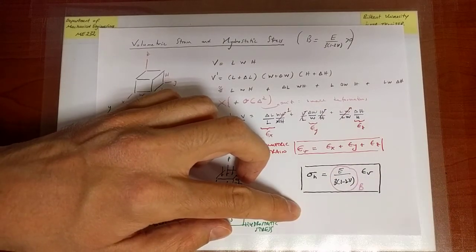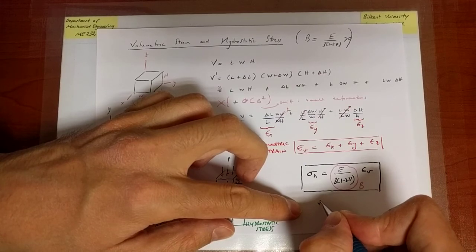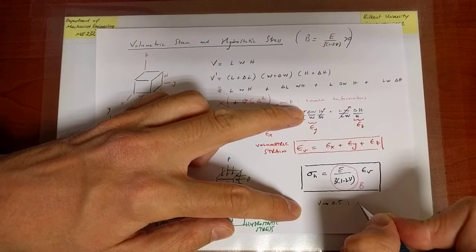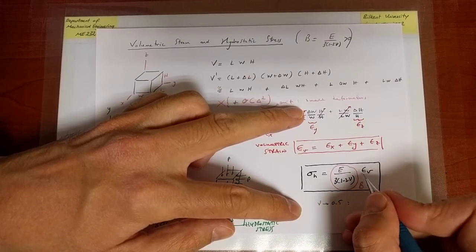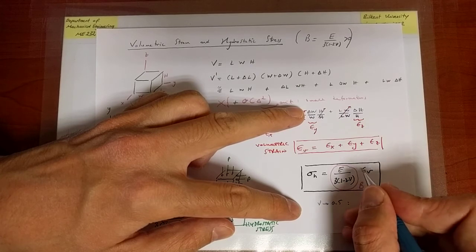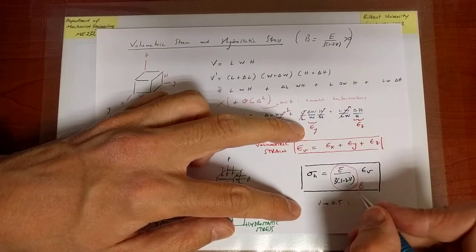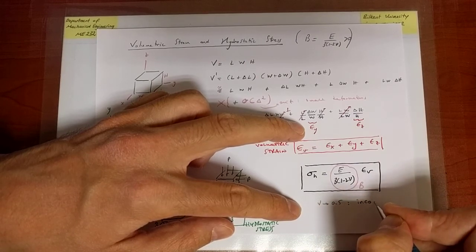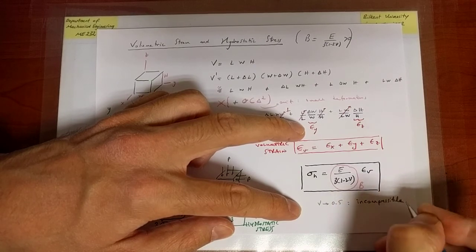So as a note, we make an observation that as nu goes to 0.5, the material becomes harder and harder to compress. In other words, harder and harder to induce a volume change for reasonable finite amounts of hydrostatic stresses. We call such a material one that cannot be compressed, or in other words, incompressible, no volume change.